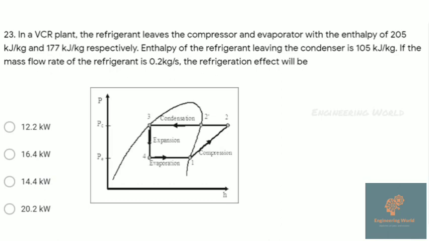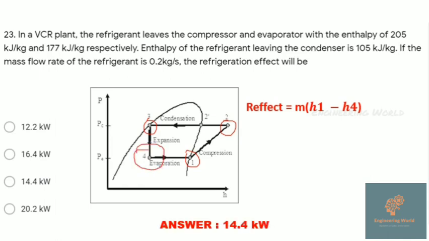Here is the vapor compression refrigeration cycle. Compressor leaves, evaporator leaves 205, 177, then condenser leaves, and the condenser outlet and evaporator input are the same, that is H4 and H3 are the same, and the refrigerating effect is equal to m into H1 minus H4. By putting in, we get 14.4 kilowatt.